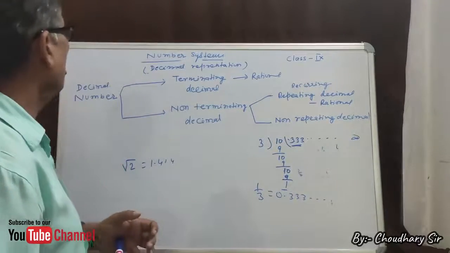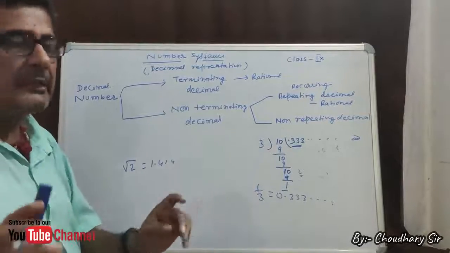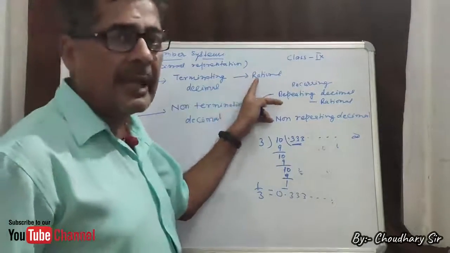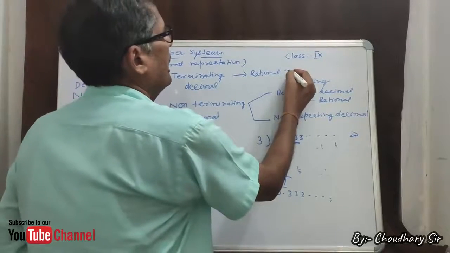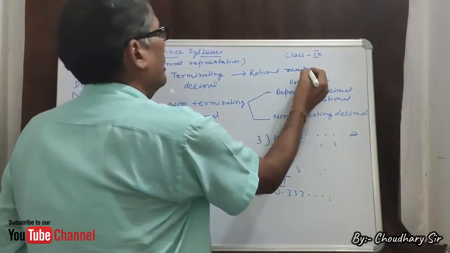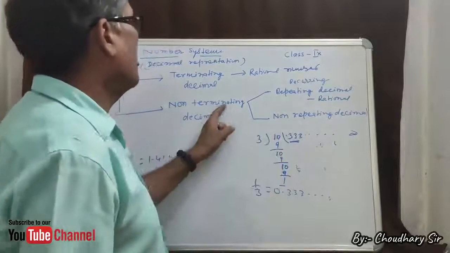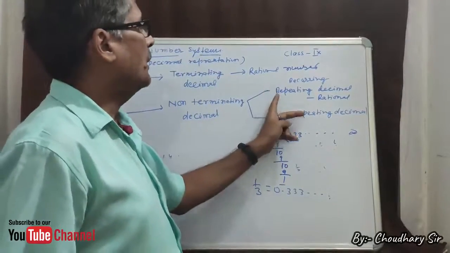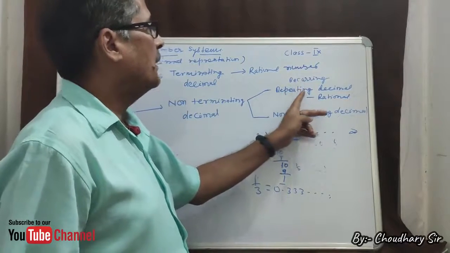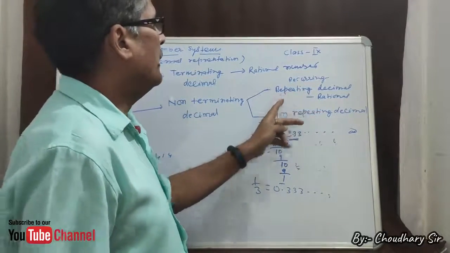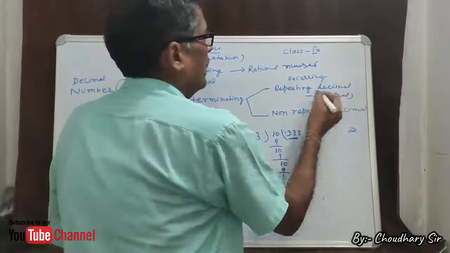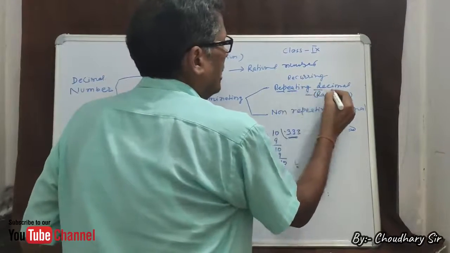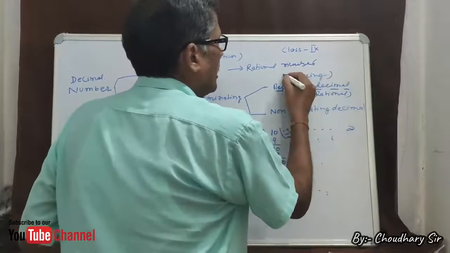One thing is here, you know about rational and irrational numbers. A terminating decimal number is a rational number. And a non-terminating decimal is divided into two parts. One is a non-terminating but repeating decimal number. It is also rational. Another name for this repeating decimal is recurring number.